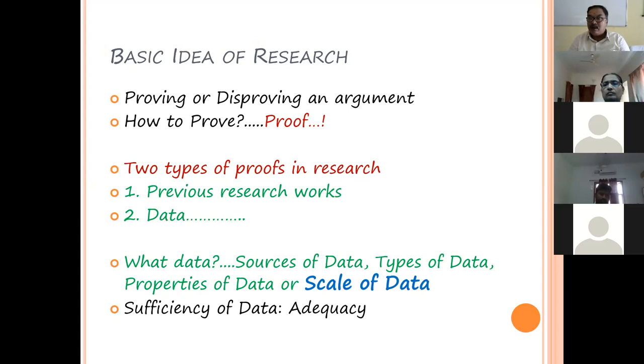Whatever the data, whether it's science or arts or commerce, management, even one of my best colleagues did his research work in Canada using the survey method. He conducted the survey and collected opinions, and then he wrote the thesis with a lot of tools and techniques, even in Canada.